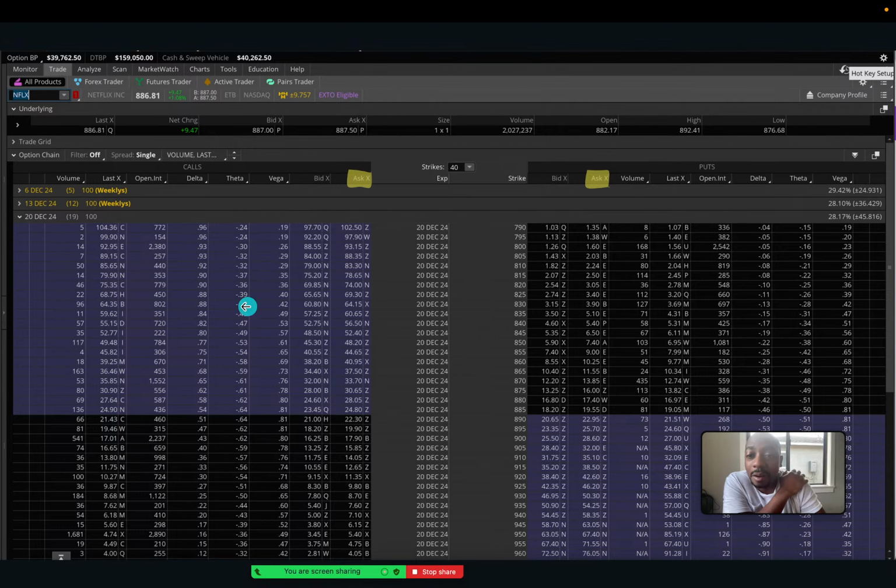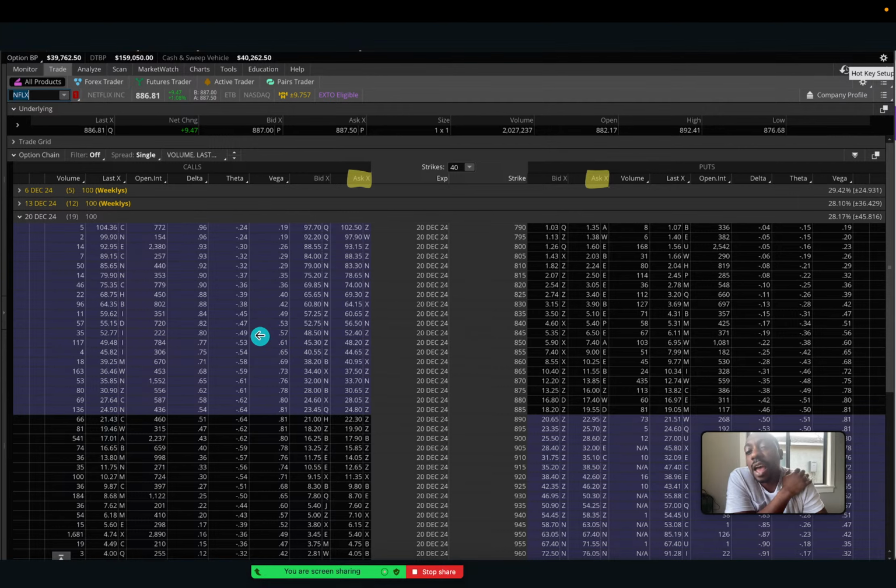There's a higher probability that these are going to end up in the money, and the price of the stock is already higher than 830 bucks. So this has a higher probability of being worth something on the expiration date of December 20th, 2024, which is one of the reasons it has a higher probability.